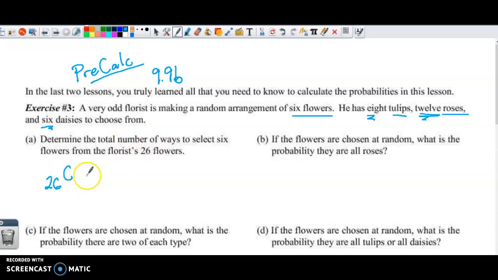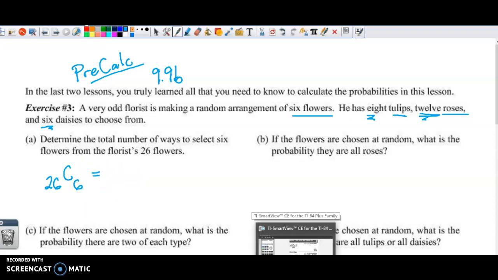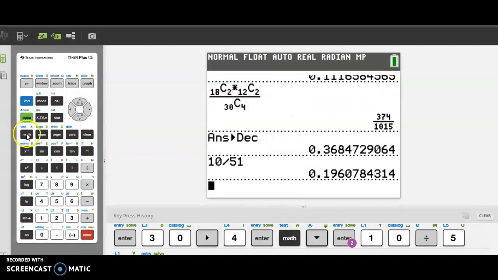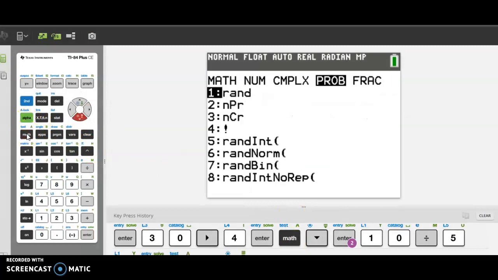I would say that the order doesn't matter, that you choose the 6 flowers. And instead of me trying to get fancy and doing this in my head and making a mistake like I did, I'm going to trust a calculator. So nCr.